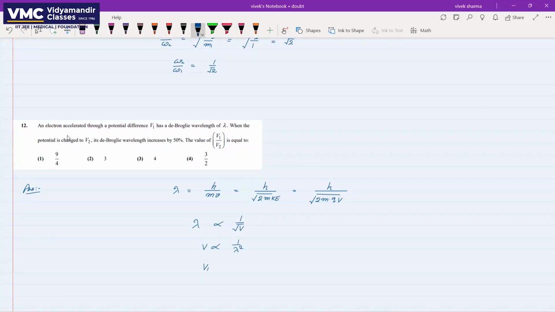We need to find V1 upon V2, and V1 upon V2 will be lambda 2 upon lambda 1 whole square.